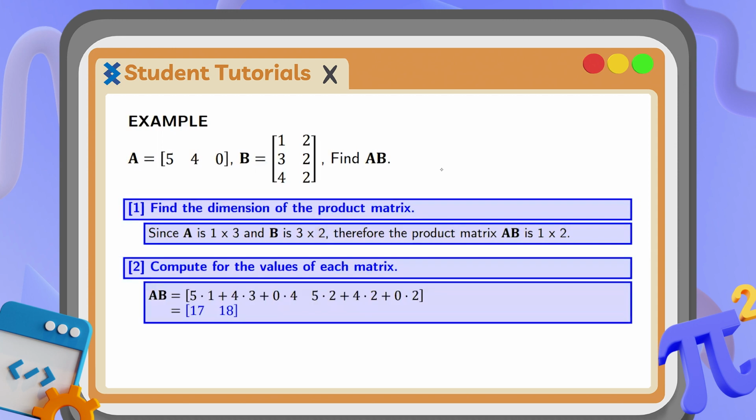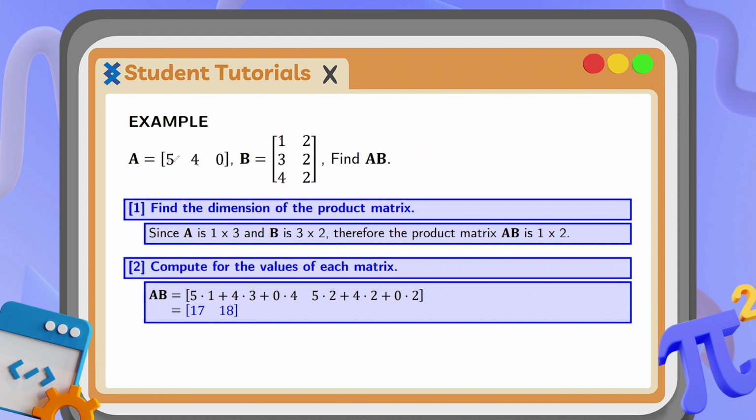And then here, we compute the values of each element. So we are basically getting the sum of the products of the elements of both matrices A and B. So we start with 5 times 1, plus 4 times 3, plus 0 times 4.